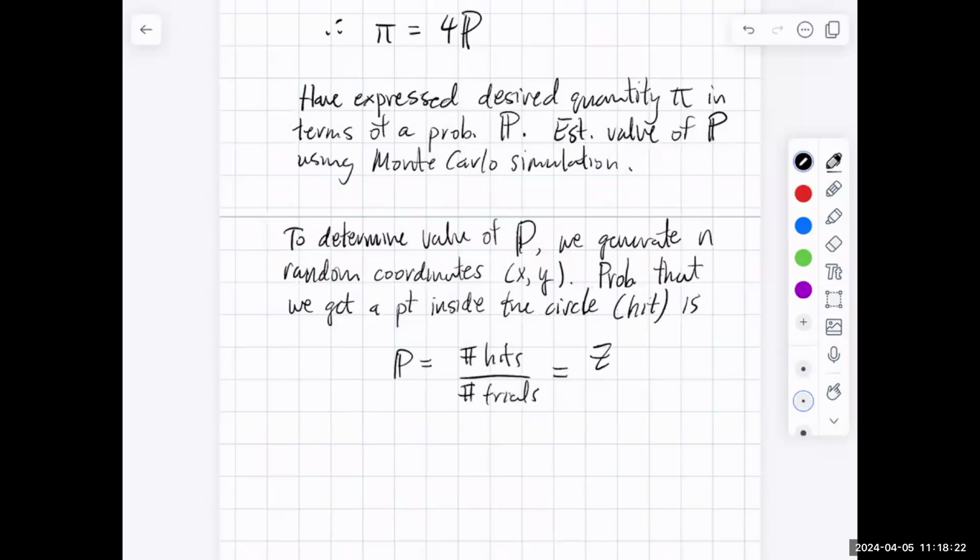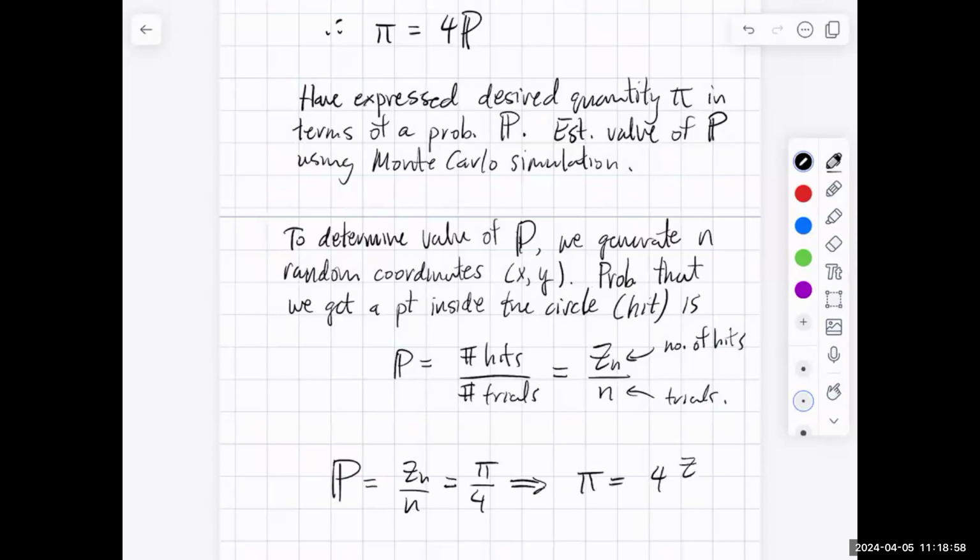So I'm going to call it Z sub n divided by n. This is the number of hits, and this is the number of trials. And so therefore it must be the case that this probability that we could estimate as Z over n has to be equal to pi divided by 4. And so taken all together, pi is going to be equal to 4 times the number of hits divided by the number of trials.